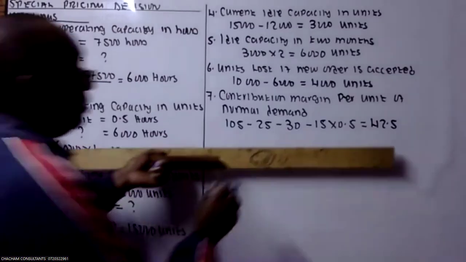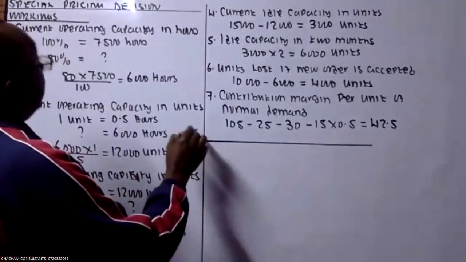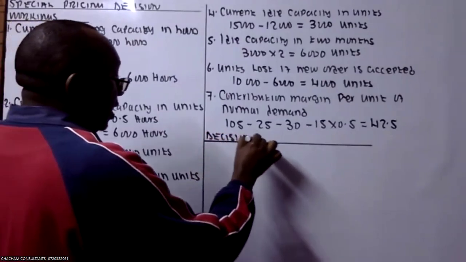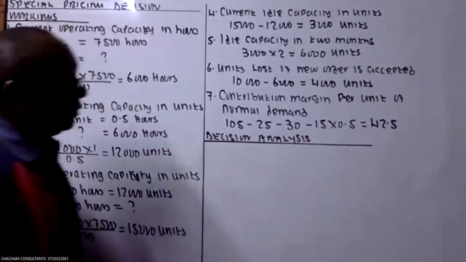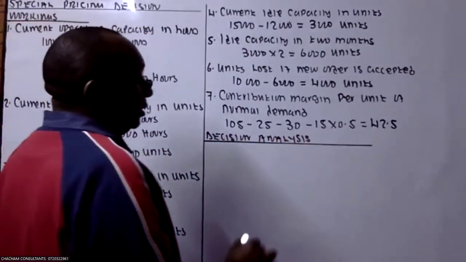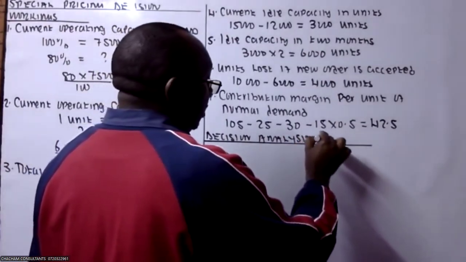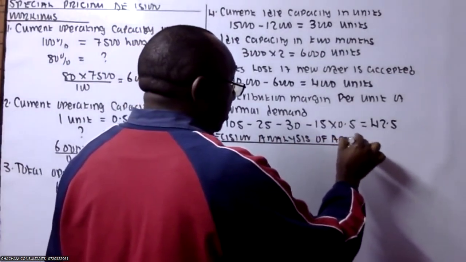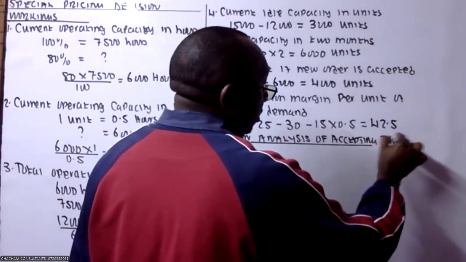Let us now come and have the decision analysis of accepting the order, which we can give as a table.